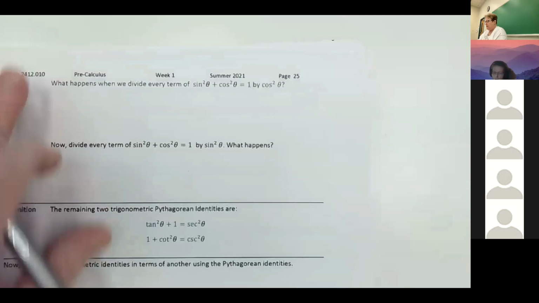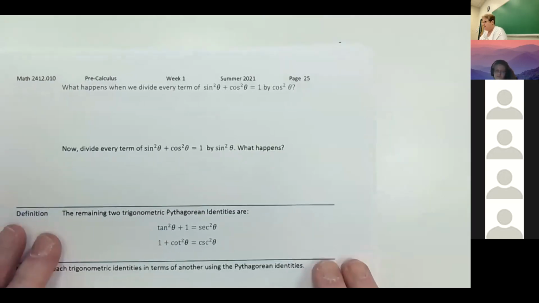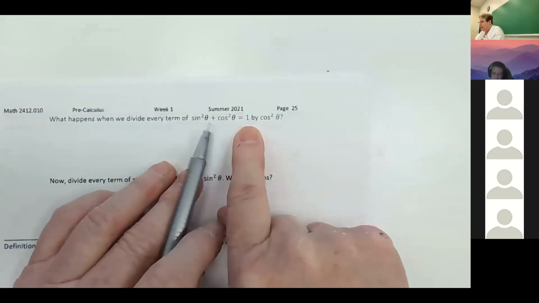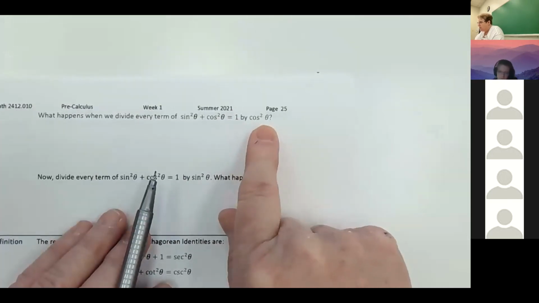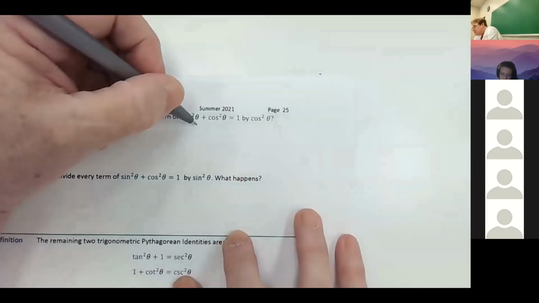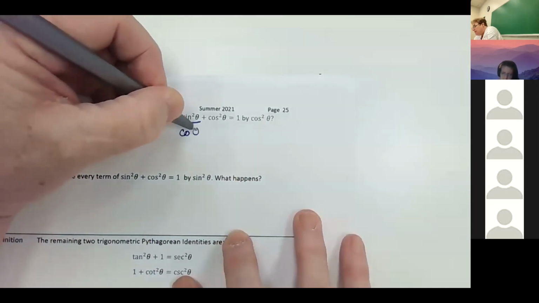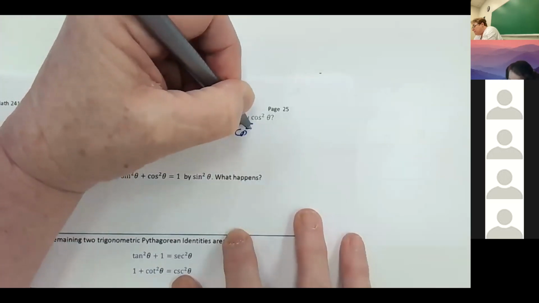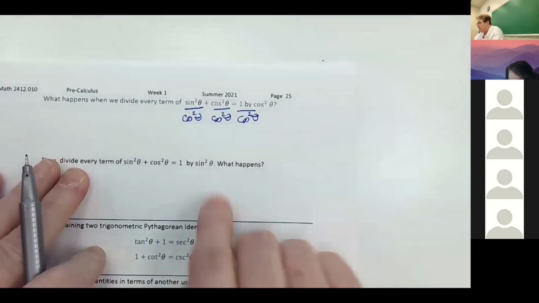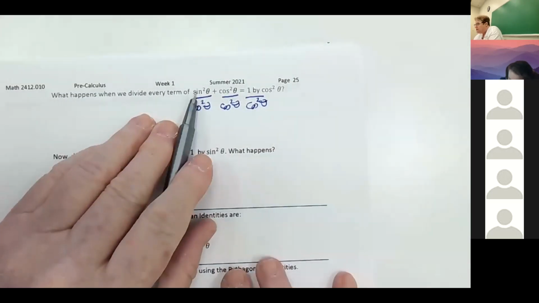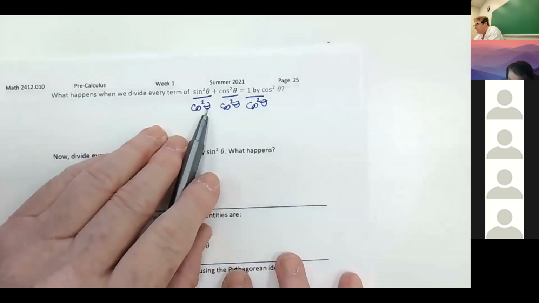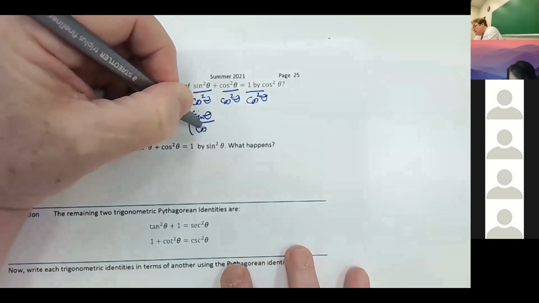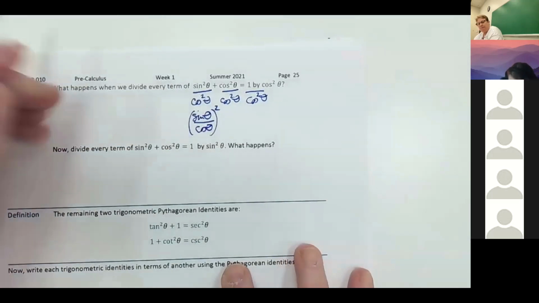The way to get the related Pythagorean identities is to take sine squared theta plus cosine squared theta equals 1 and first divide everything by cosine squared theta. So let's divide everything by cosine squared theta. And now I'm going to rewrite. I've got sine squared theta divided by cosine squared theta. I'm going to write that as sine theta divided by cosine theta all squared.